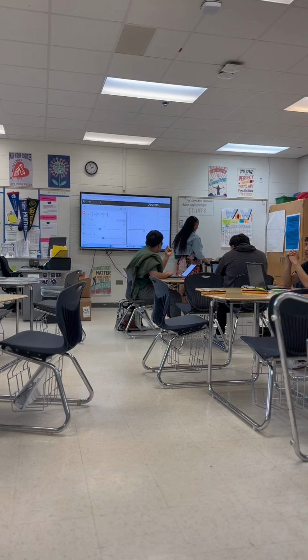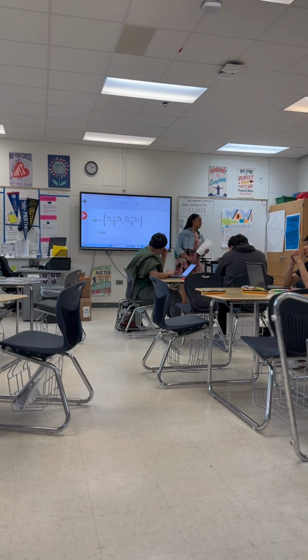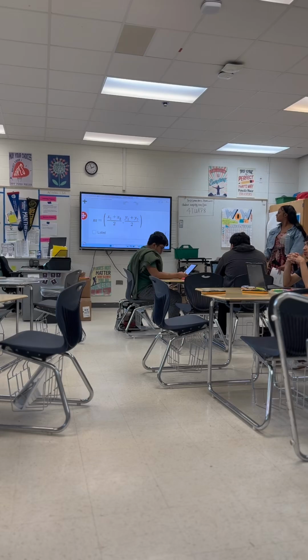Midpoint should look like this. M equals x1 plus x2, comma, y1 plus y2, and then they're both divided by 2. So mirror your decimals to look like mine.